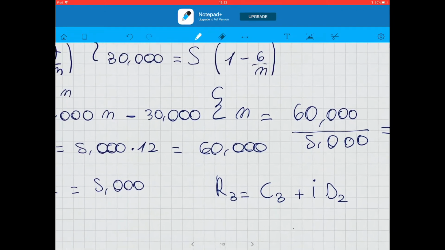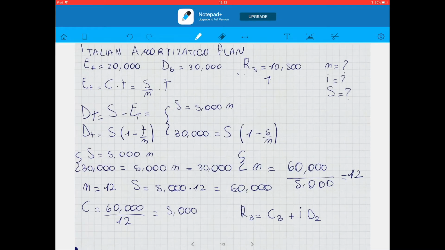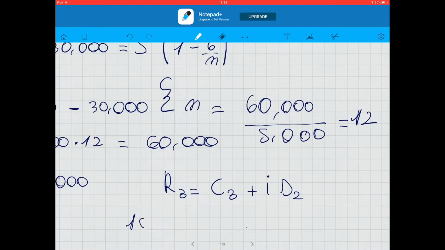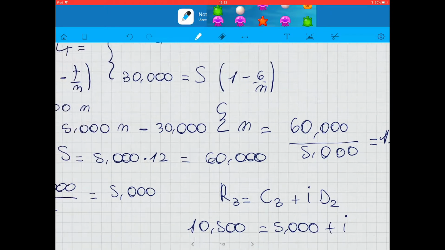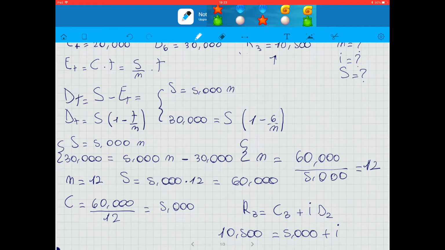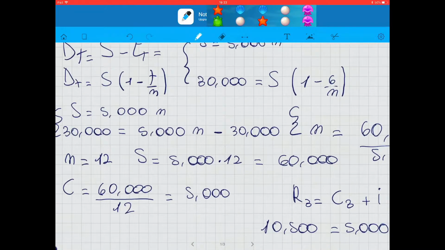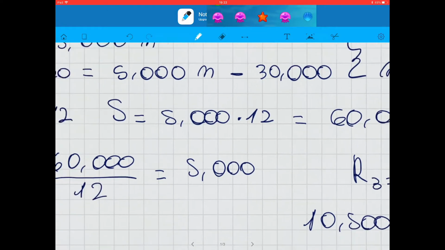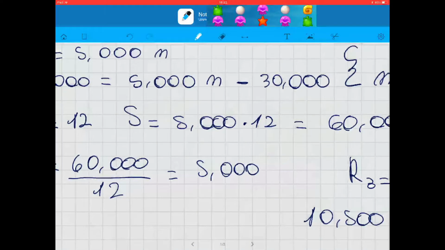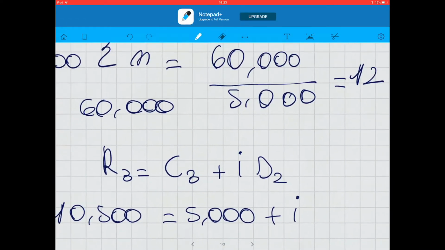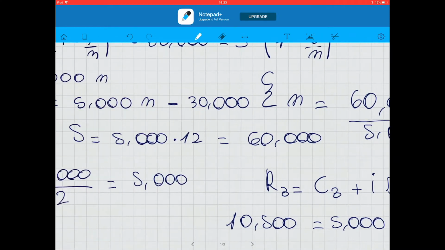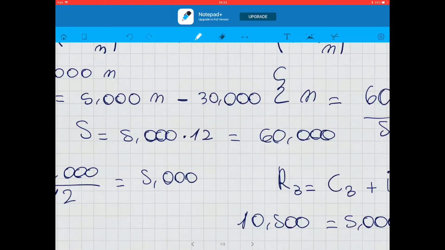So again, we have 10,500 is equal to 5,000 plus I times D2, and we pay 5,000 each year, so this means that D2 is 50,000, because it's 60,000 minus 2 times 5,000.